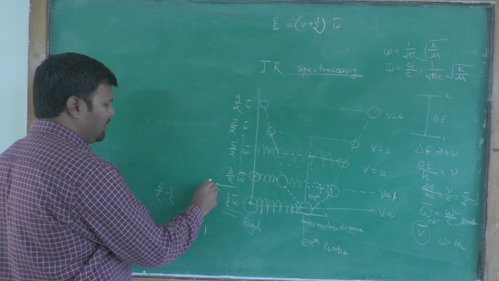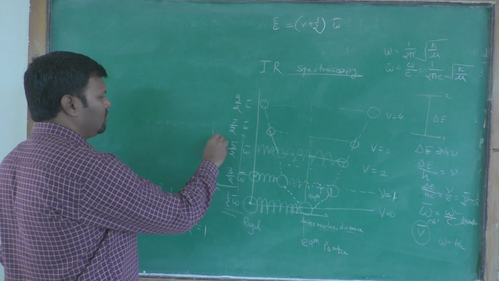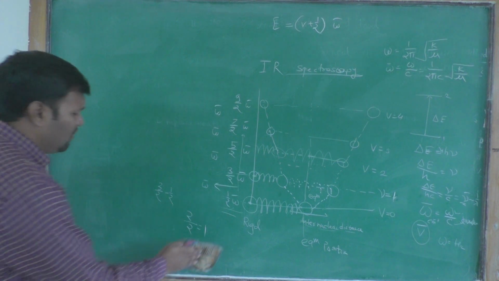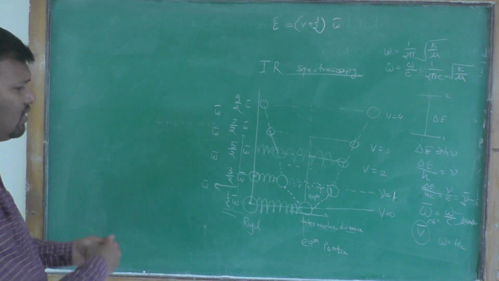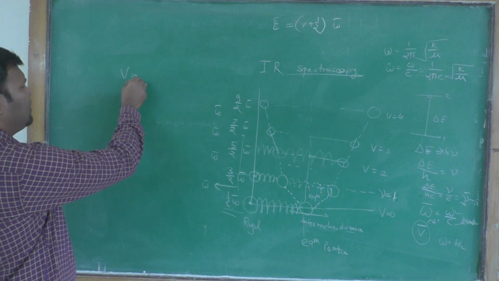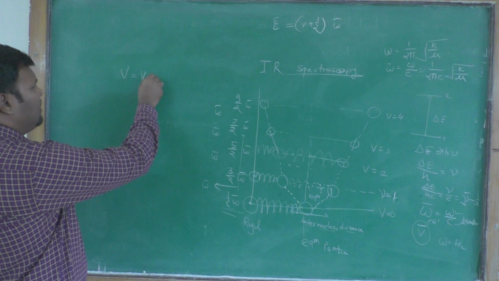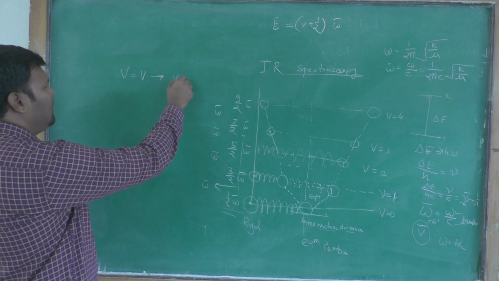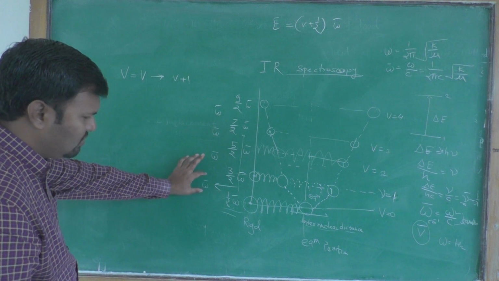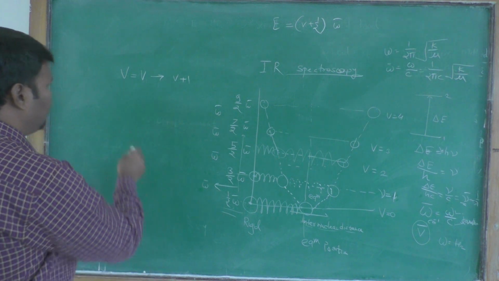Therefore the difference is omega bar. For each term, the difference is omega bar. For the general case, if the molecule is excited from energy level V to V plus 1, we can find the difference.